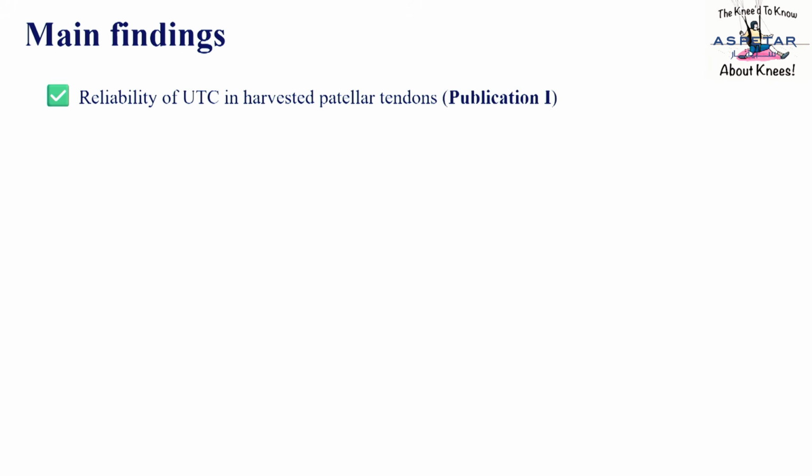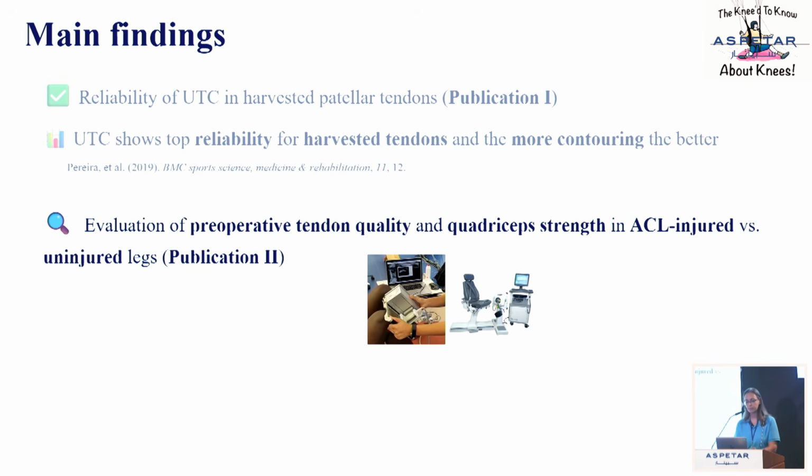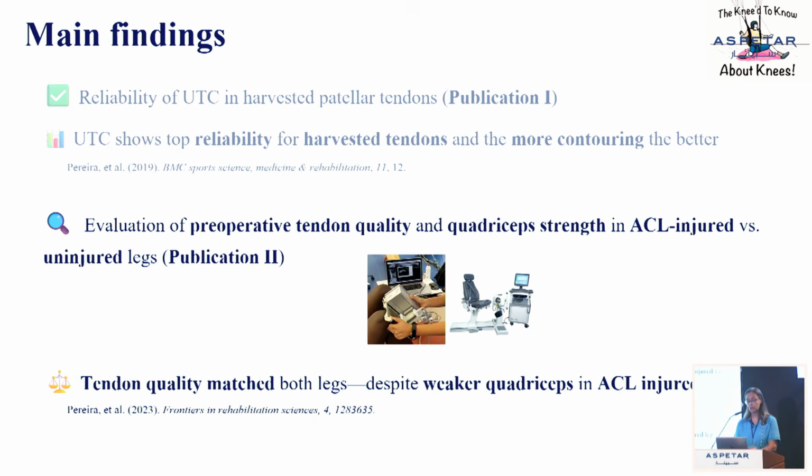So the main findings from the studies, starting from the reliability study, is that UTC shows top reliability for harvest tendons, and the more contouring you do, the better. Evaluating the pre-op tendon quality and the quads strength in ACL injured versus uninjured legs, we observe that tendon quality matched in both legs despite the weaker quads in the injured leg.